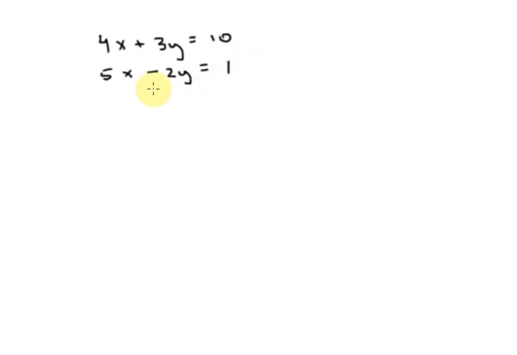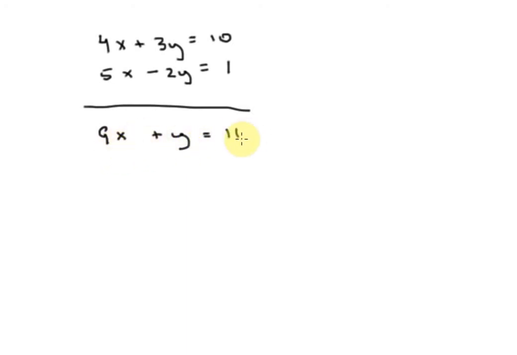So if I run into this system of equations now, and I just try to add them up, it doesn't do me any good, because what you get here would be 9x plus 1y equals 11. Now, the problem with that is I didn't get rid of any x or any y.